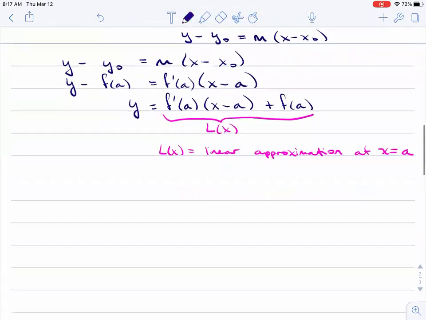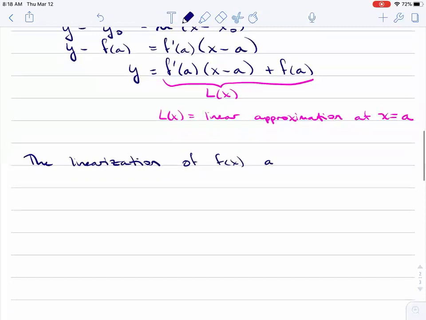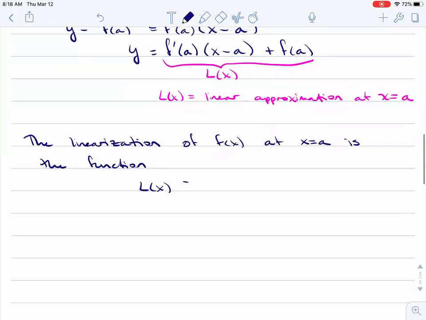So we can summarize it in a little blurb here. The linearization of f of x at x equals a is the function L of x equals f prime at a times x minus a plus f of a.